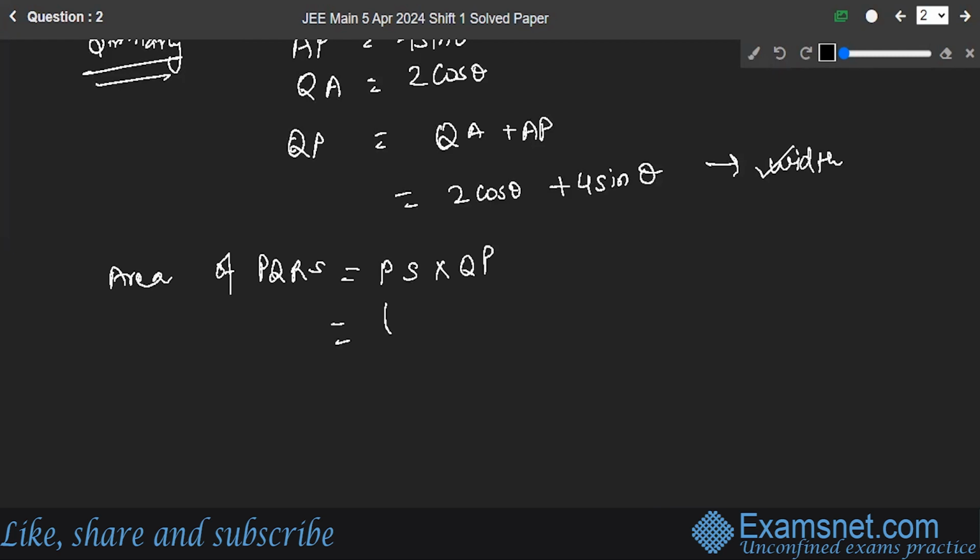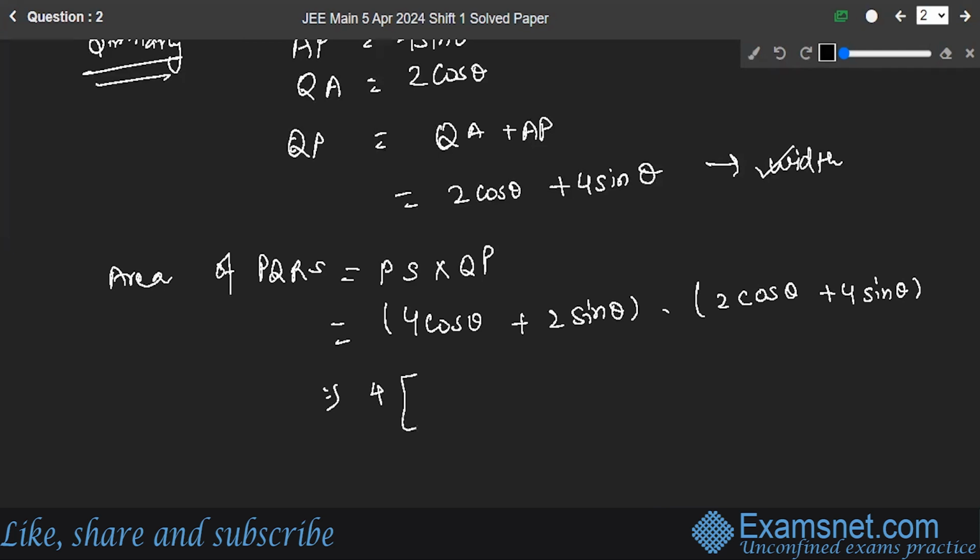So this is equal to, what was that? (4 cos theta plus 2 sine theta) into (2 cos theta plus 4 sine theta). Let's take 2 and 2 common from both of them.